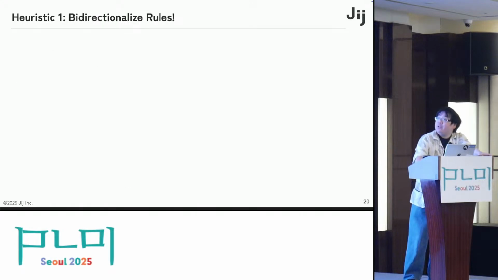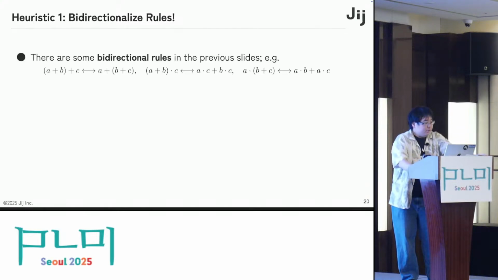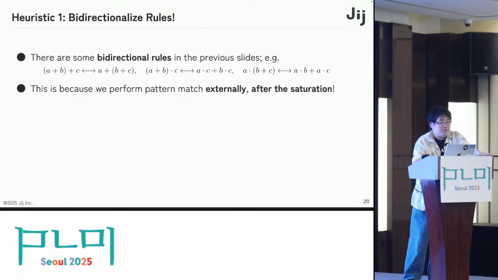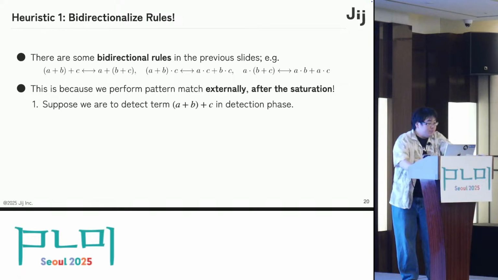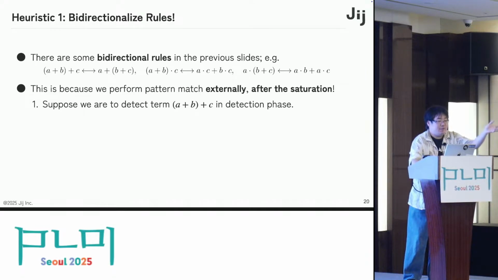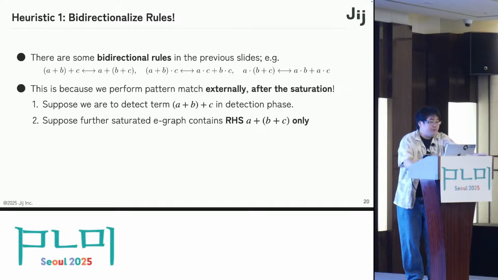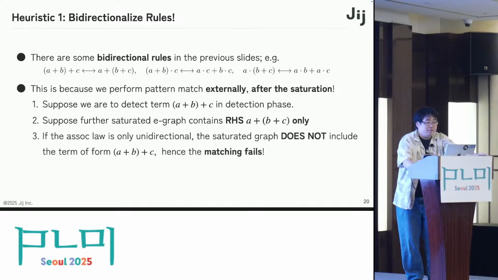So the first heuristic to choose these rules is to bidirectionalize rules. There are some bidirectional rules in the previous slides, and this is because we perform pattern matching externally after the saturation. So suppose we are to detect a term in the left-associated form of a ternary sum, and further suppose the saturated e-graph contains the right-associated variant.